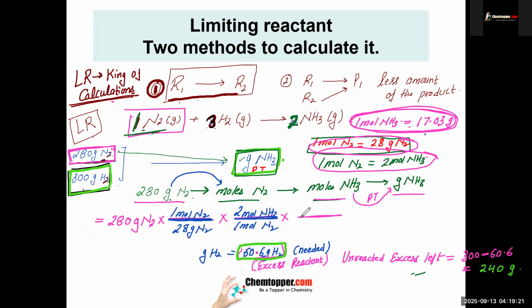Dash, you want to say something about the third ratio? How should I plug in the third ratio? I think you would have to plug in moles to moles of, sorry, NH3.